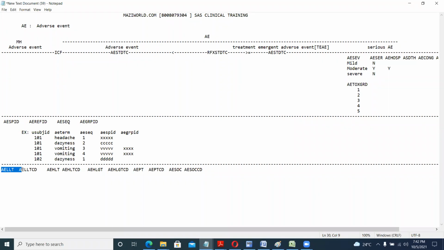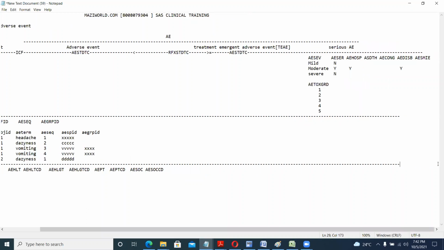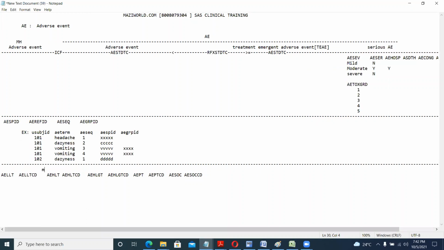AE LLT, adverse event low level term code, HLT high level term code, HLGT means high level group term, and its code, AE PT means preferred term, AE PTCD means preferred term code, SOC means system organ class, and next one SOC CD, system organ class code. So these are the variables that will be considered as MedDRA variables you are going to call.